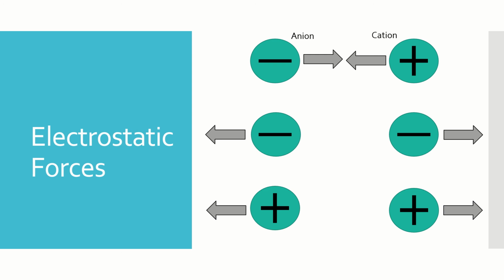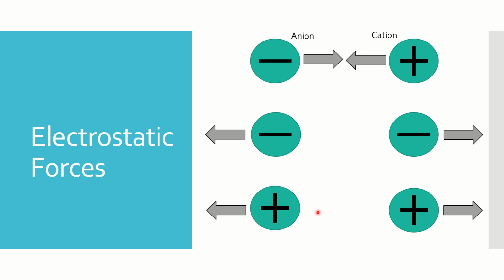If you've ever held a magnet and tried to force it together and not been able to because it was just pushing itself away, know that that is because of the electrostatic forces in that magnet, right? You can't put two north poles of a magnet together, and you can't put two south poles of a magnet together. Just like you cannot force two anions or two cations together. They repel each other.